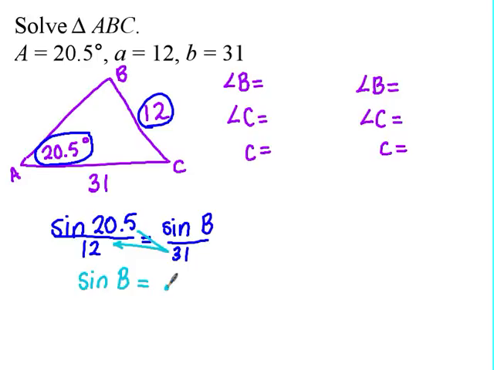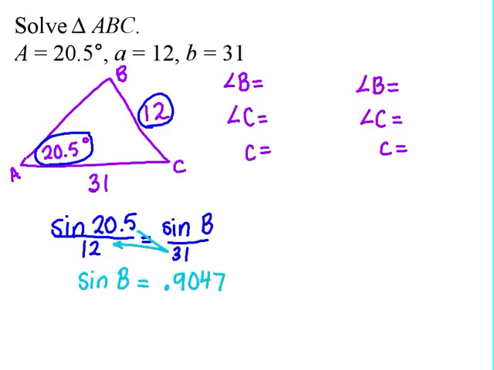So that's 31 times sine of 20.5 divided by 12. Somebody else get that? Oh, whoops, that's what I did, my bad. I got 0.9047.